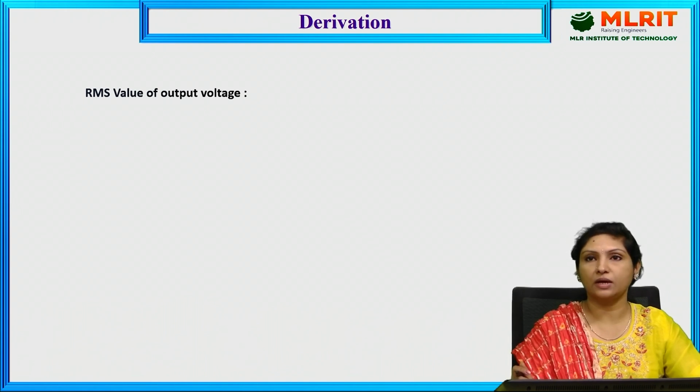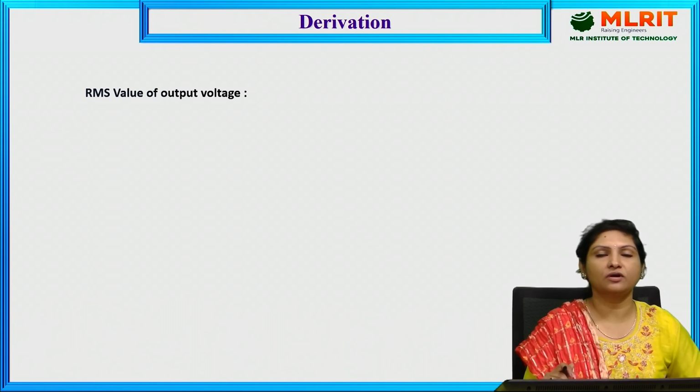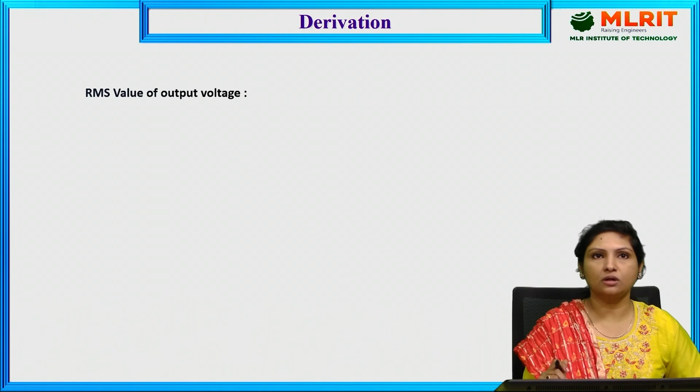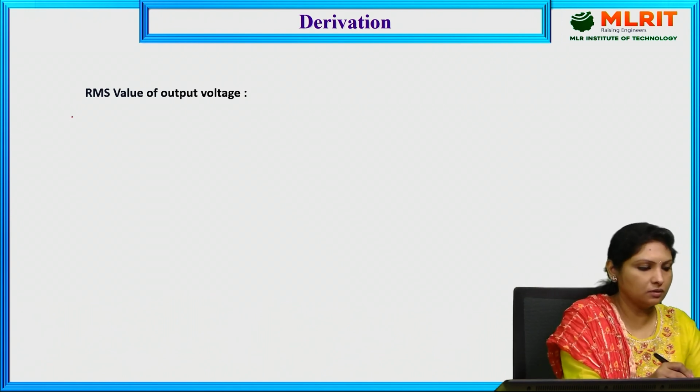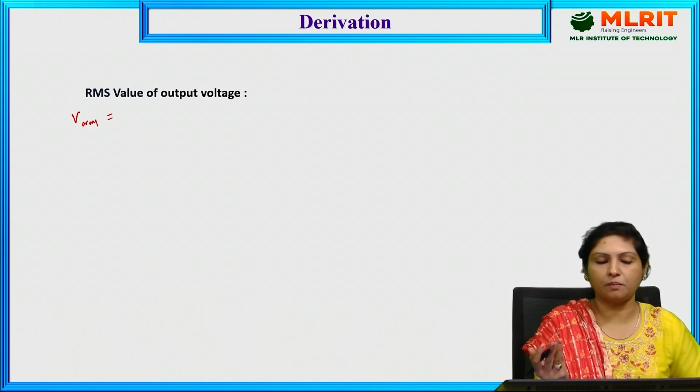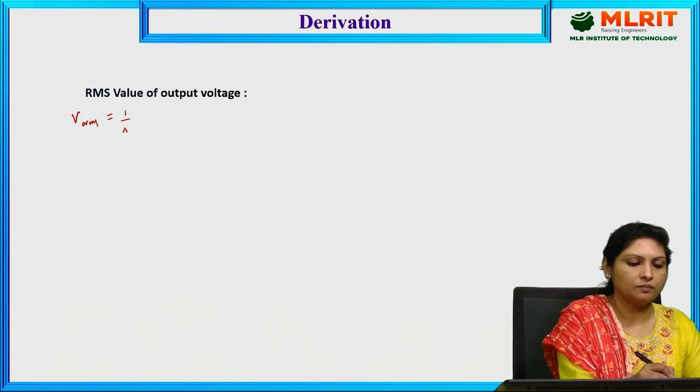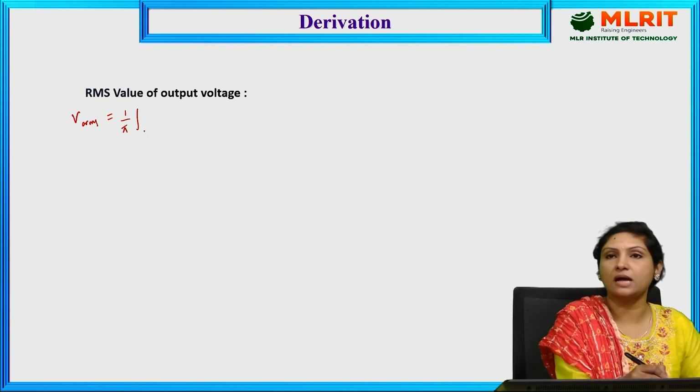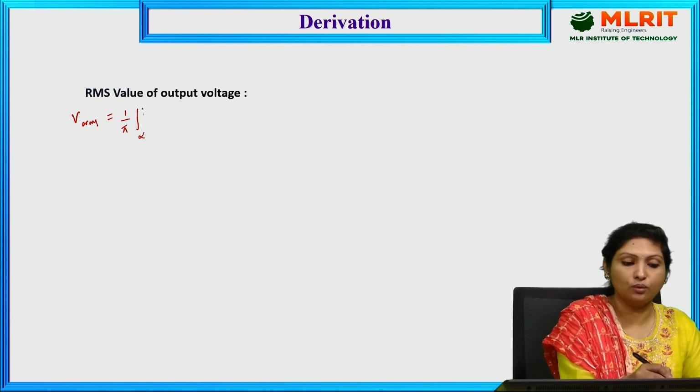And let us derive the V0 RMS expression for a single phase full wave AC voltage controller with RL load. So here for V0 RMS, the time period is pi, because every similar cycle is repeating every pi. And the limits are alpha to beta, since it is conducting from alpha to beta.